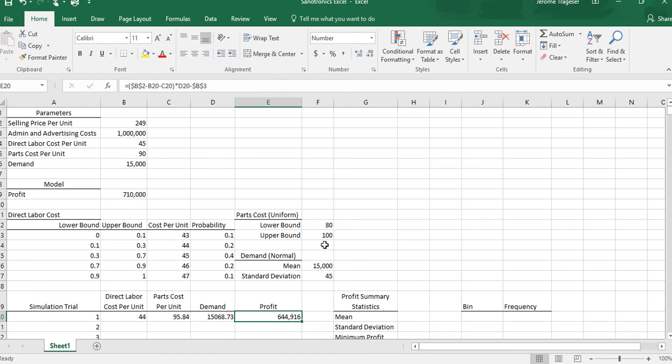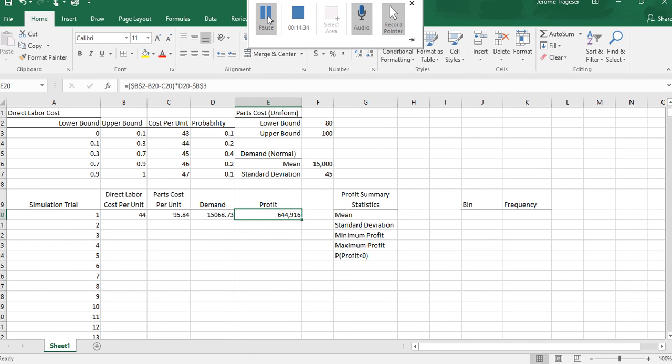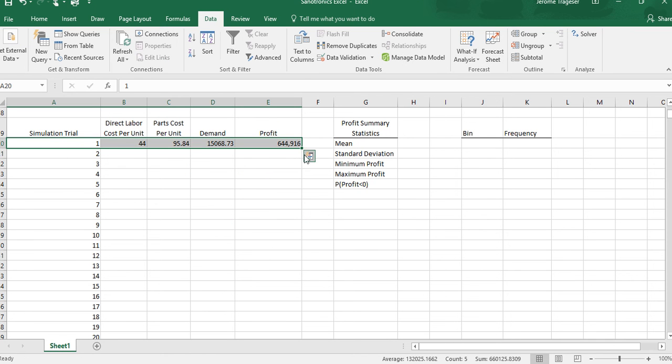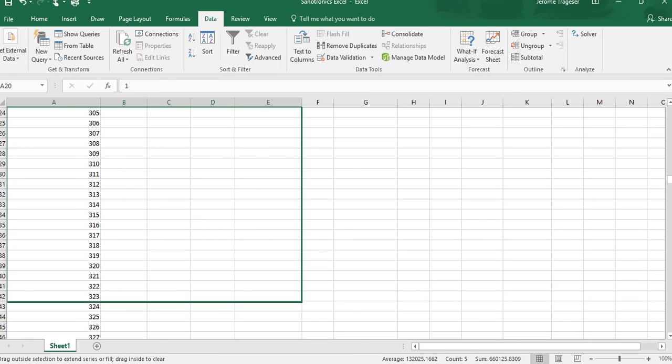So now we want to go ahead and do this for all of our table, our entire 1,000 trials here. So we go ahead and select our whole table, so all 1,000 trials.